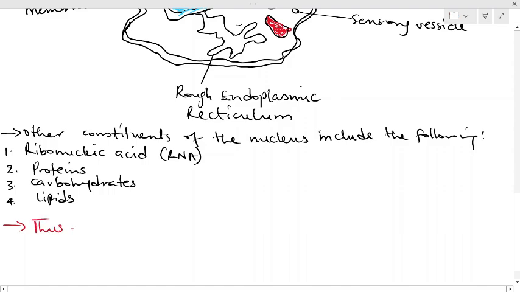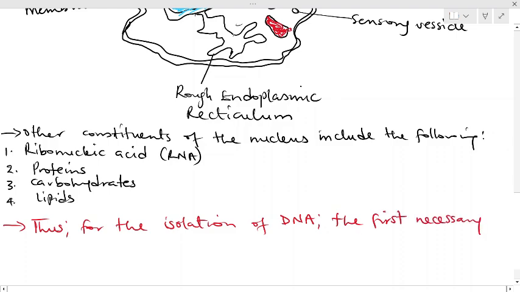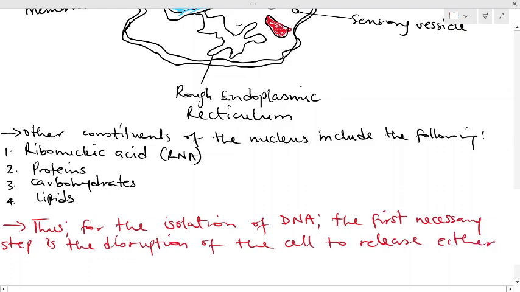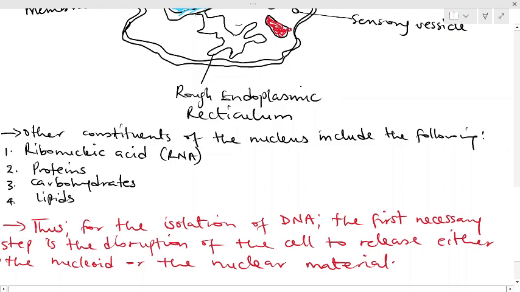Thus, having known all of this, for the isolation of DNA, the first necessary step is the disruption of the cell to release either the nucleoid, in the case of prokaryotes, or the nuclear material. In the case of what? Eukaryotes. So that's very key.